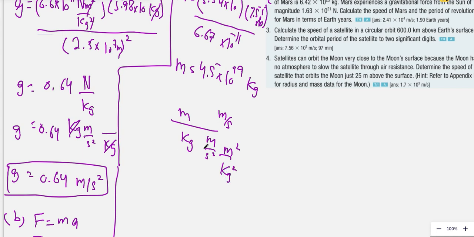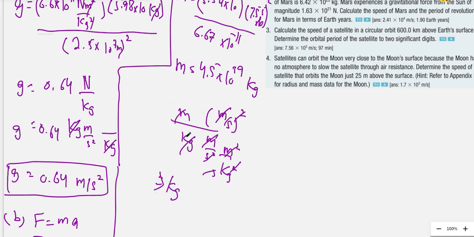So working this out, m square, and because we are going to take the square root of this one, m square will be cancelled with this one, m will be cancelled with this one, kilogram will be cancelled with the square, second square will be cancelled with this second square, so only kilogram is left. So bringing it up, we will get kg as a unit.